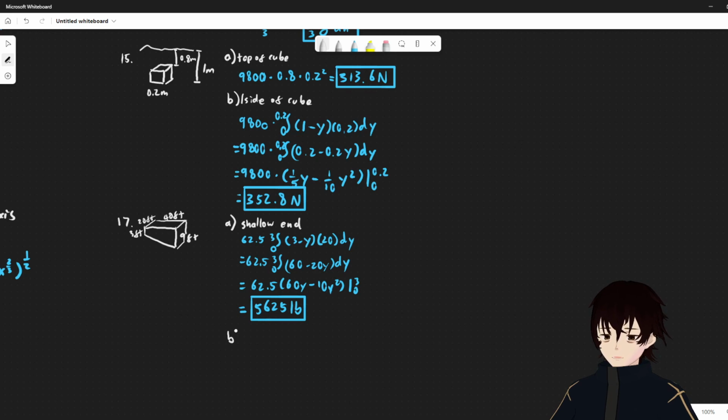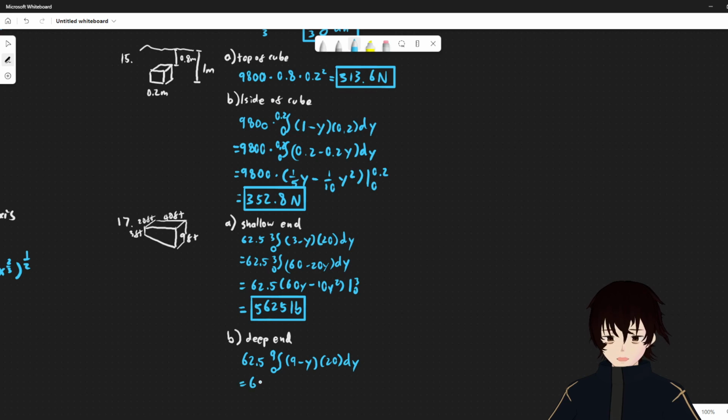B wants to know the deep end. So basically same thing, except we now have the integral from 0 to 9 of 9 minus y times 20 dy.